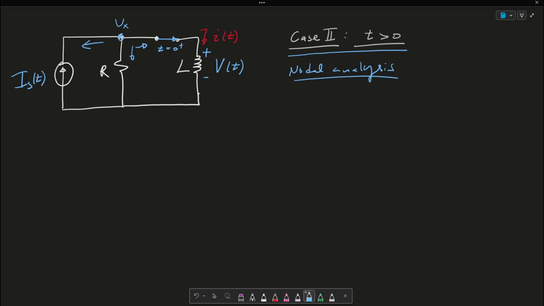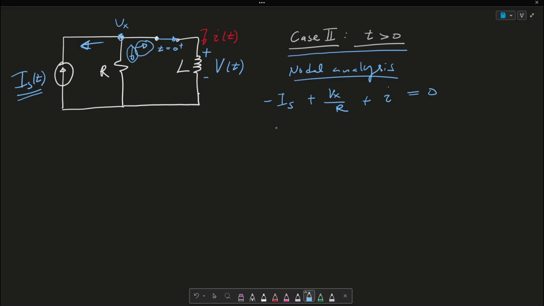This current here is opposing Is of t, so it's minus Is, plus this current here is Vx over R, plus this current here is my current flowing through my inductor, or just I, which all equals 0.